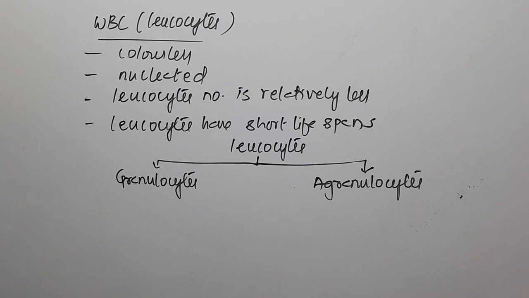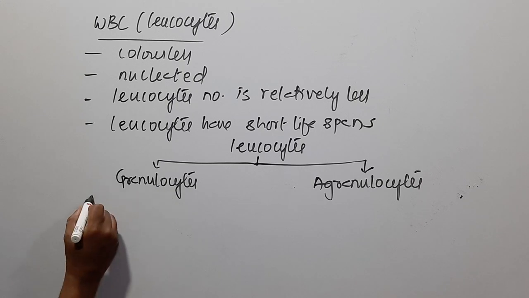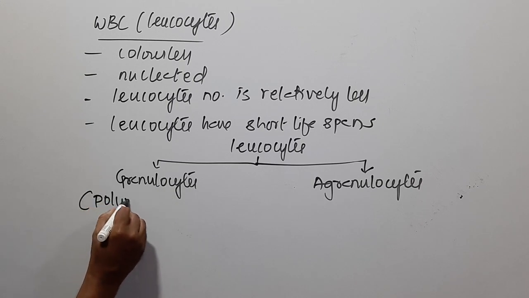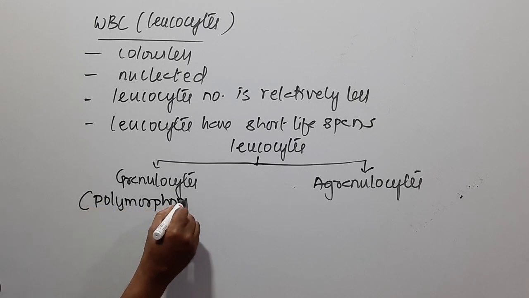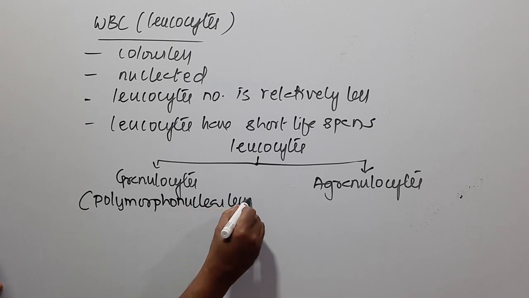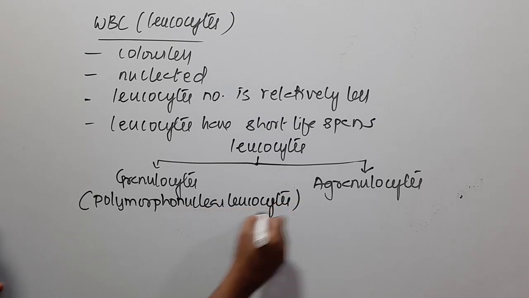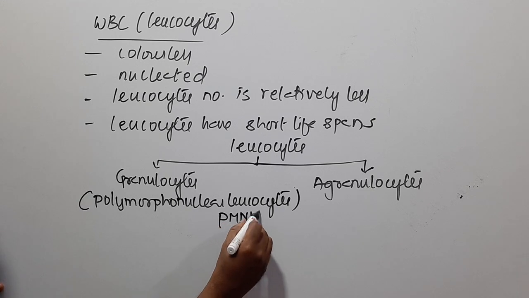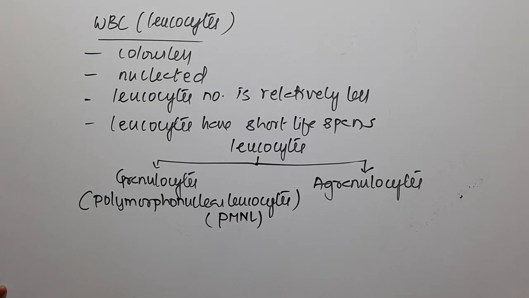Based on that, we classified them into granulocytes and agranulocytes. And already I have told you that these granulocytes are also called polymorphonuclear leukocytes. So in short, PMNL is the word that we have used.